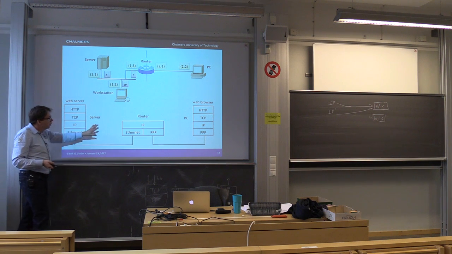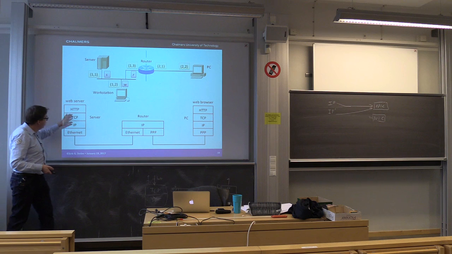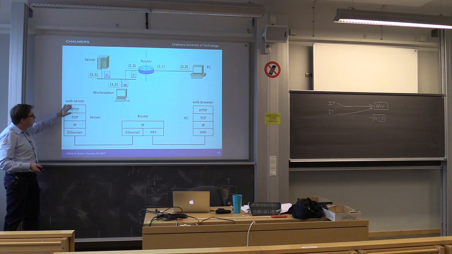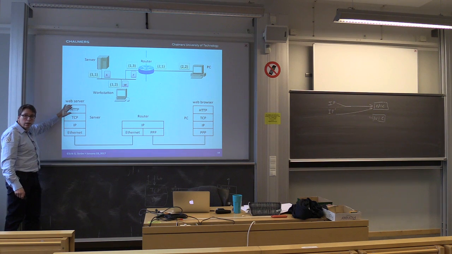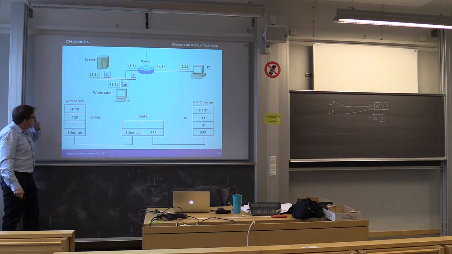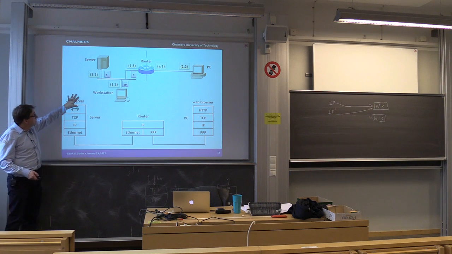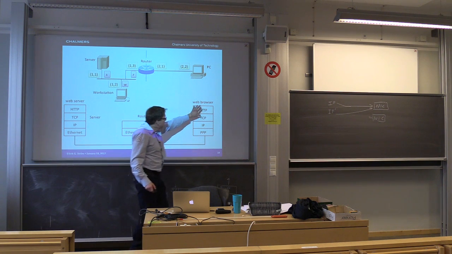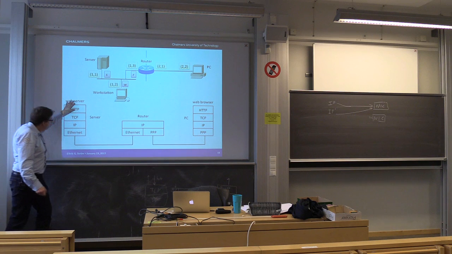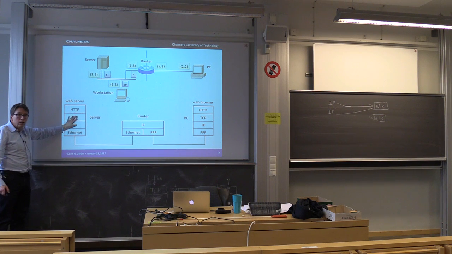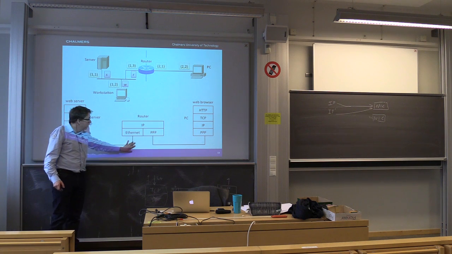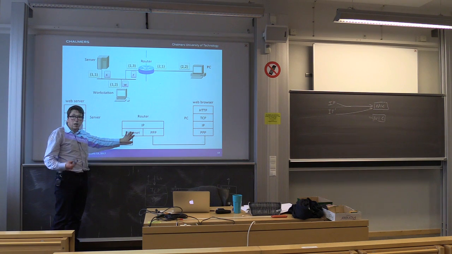However, we see that the protocol stack at the router does not include the transport or the application layer entities, because it doesn't need them. Data that goes from here to here gets encapsulated along the way, runs over the Ethernet, and ends up at the network interface card at the router, which is attached to the Ethernet.